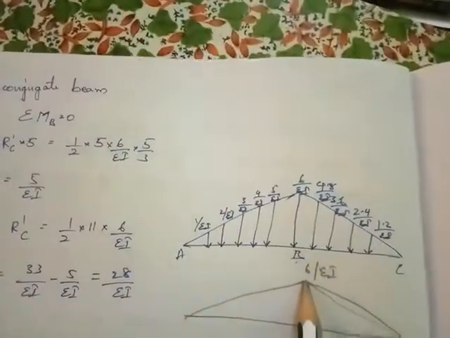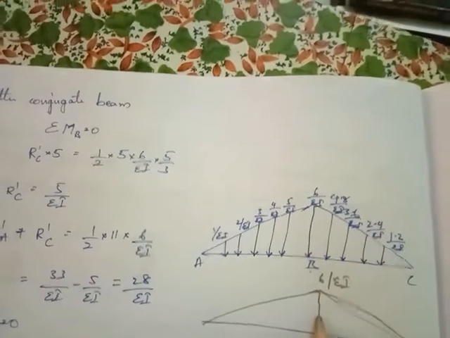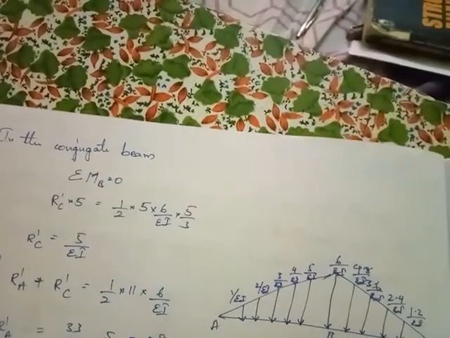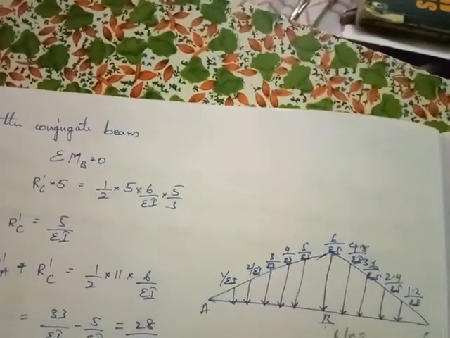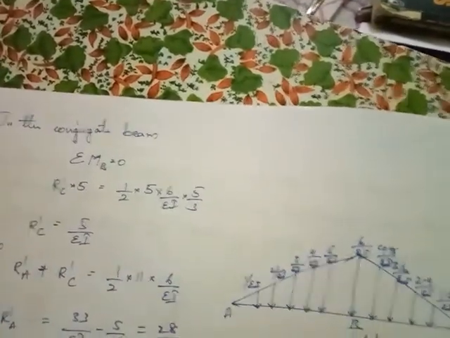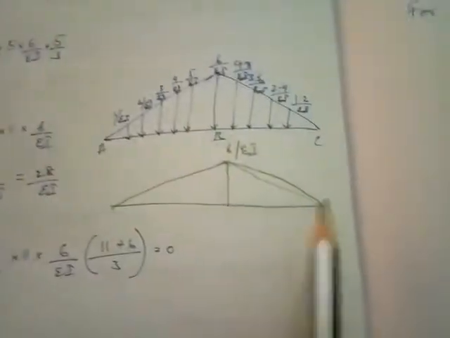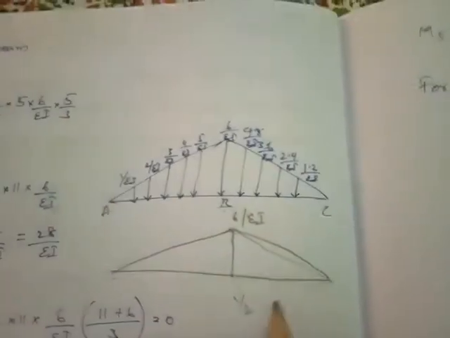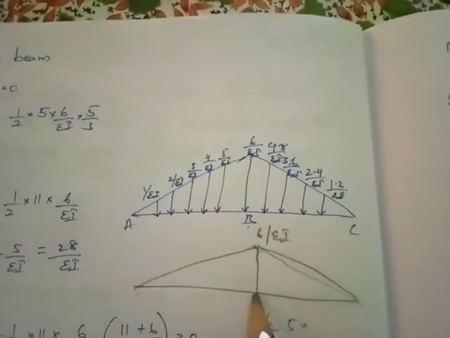Now we are calculating the moment for this frame. To calculate the moment of this frame, the sum of moments about B equal to 0, we are taking RC into phi, half of phi being the span distance, into the load, that is 5 meters about this point.